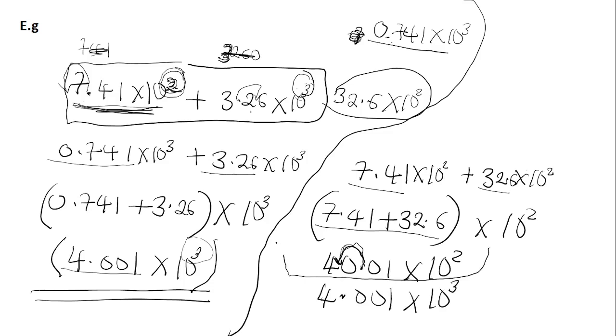So now, in case you find yourself in a situation where you have, let's say, this same number, 7.41 times 10 to the power, let's say this power changes to 4, plus 3.26 times 10 to the power, let's say 3.